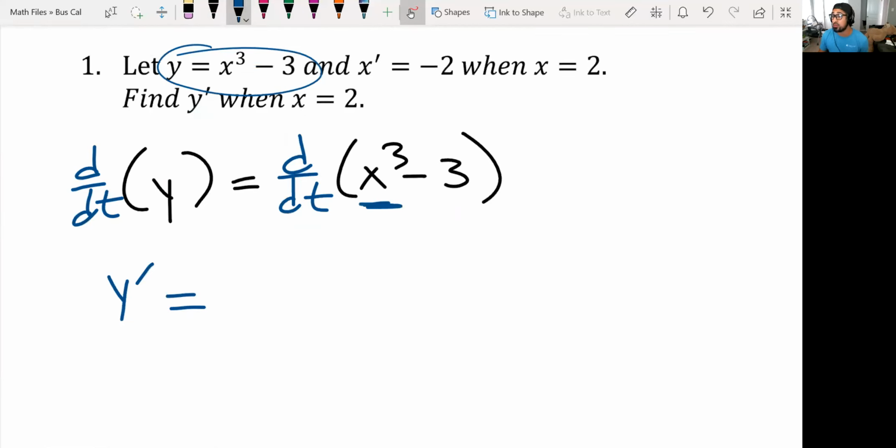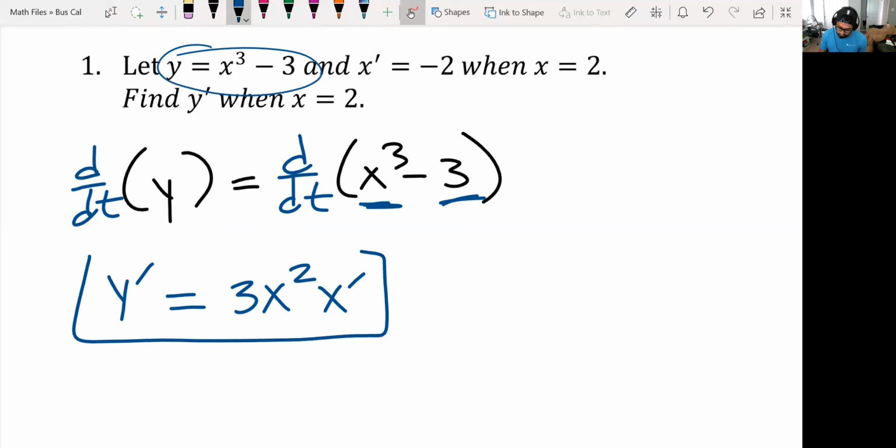The implicit derivative of x cubed with respect to time is going to be 3x squared x prime. And the derivative of 3, no matter what you're differentiating with respect to, the derivative of a constant is always 0. So there is the implicit derivative with respect to time.